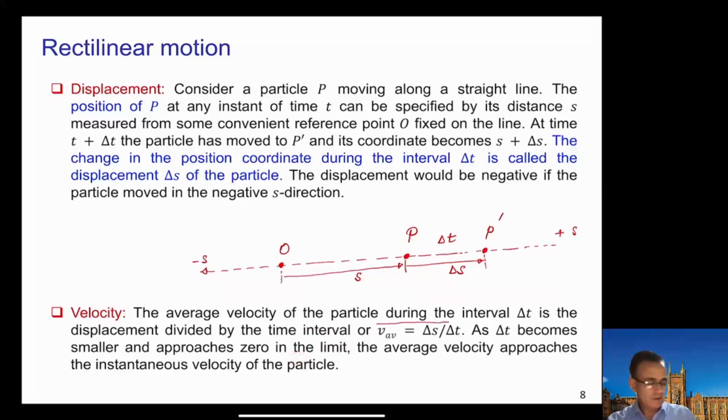If you divide this delta S by delta t, this will provide you with the average velocity.